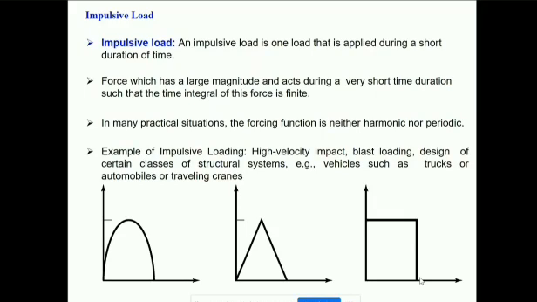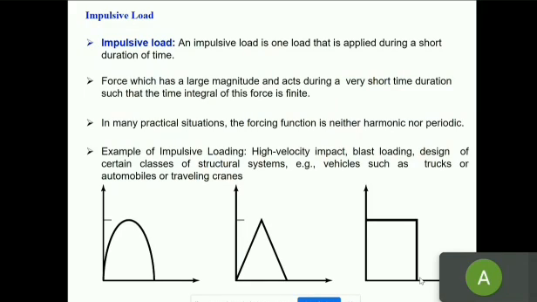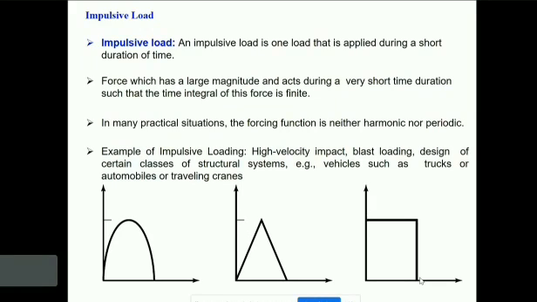As a result, it will change the momentum. Impulse always creates a change in momentum. If you give a hammer blow to a system, it will change the momentum of the system, and unless there is any external force, the system will move with that momentum. This comes from Newton's law.